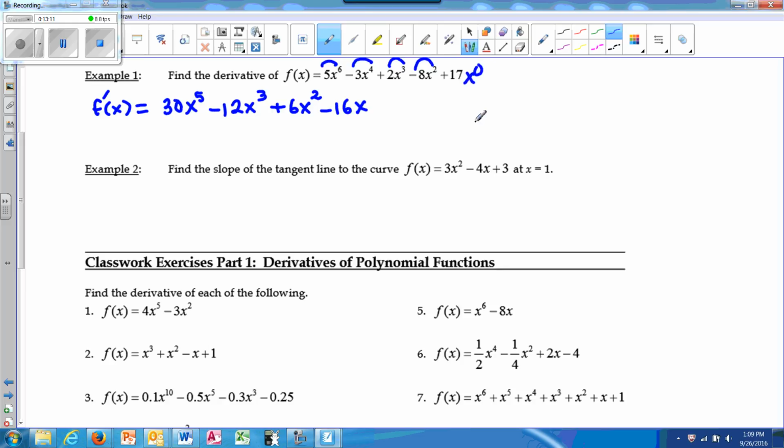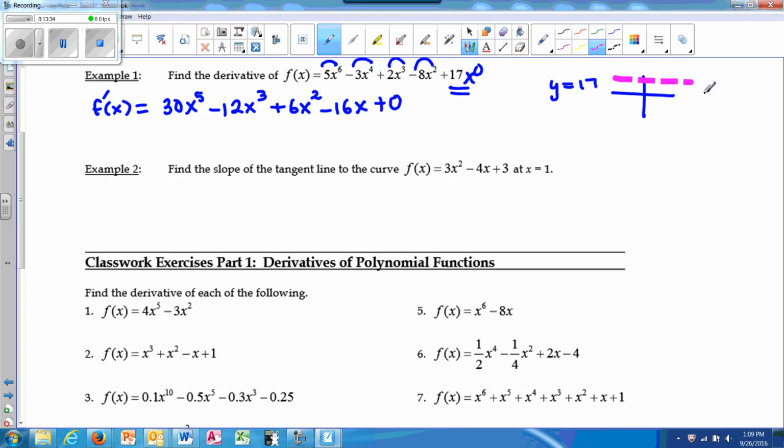I'm going to multiply negative 3 times 4 to get negative 12, and reduce the power by 1. I'm going to multiply 3 times 2 to get 6, and reduce the power by 1. I'm going to multiply to get negative 16 and reduce the power by 1.